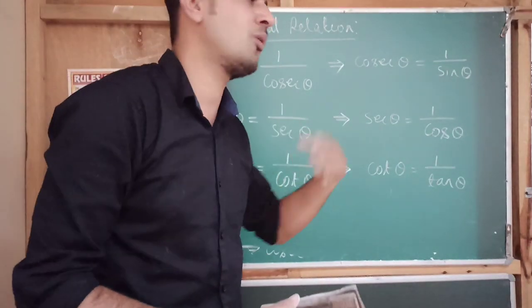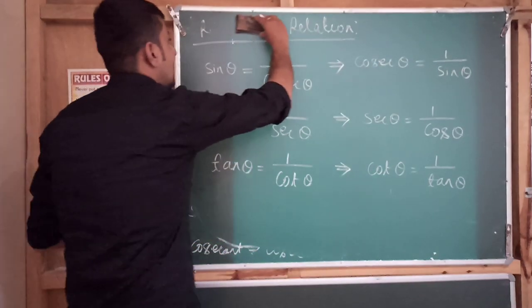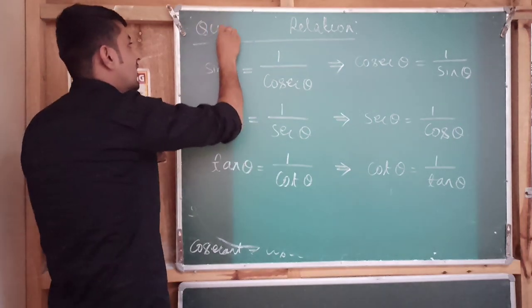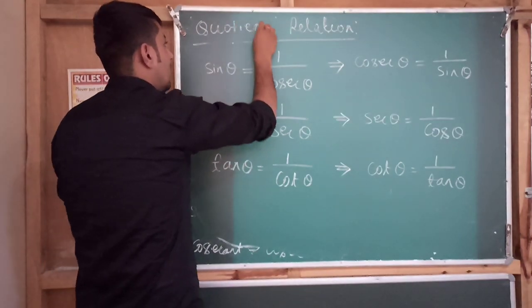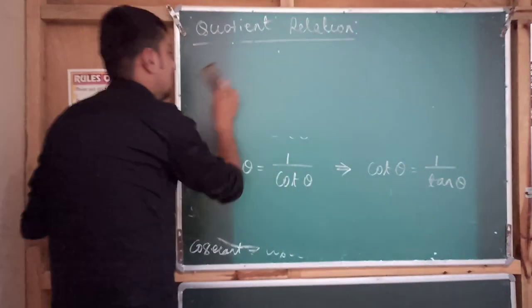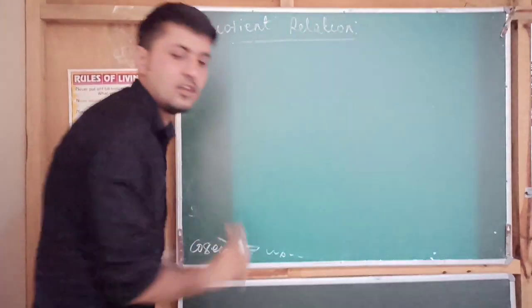Now we'll be moving to the next formula, that is called your quotient relation. There are two quotient relations. How many quotient relations are there? Only two.